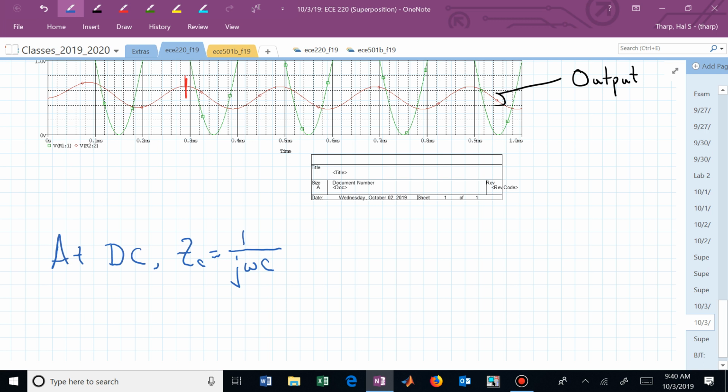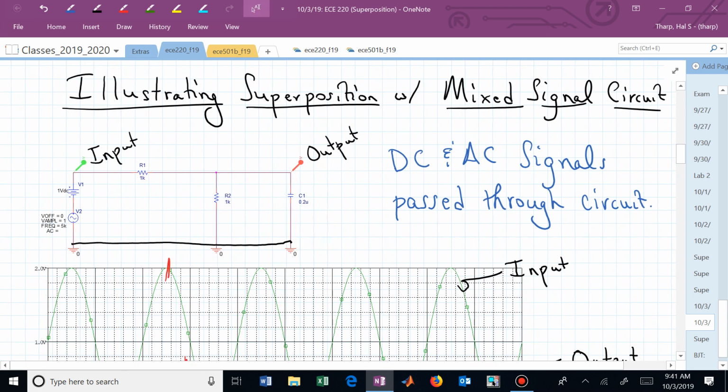So what's the magnitude of j? 1. If we're looking at the magnitude of the impedance of the capacitor, we can neglect that j, and we have 1 over omega C. And at DC, omega is 0. The impedance of the capacitor is infinite. What does that mean that it does in our circuit if we have an infinite impedance presented to the rest of the circuit by that capacitor?